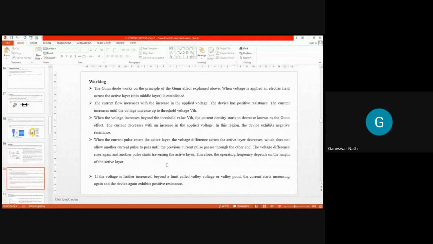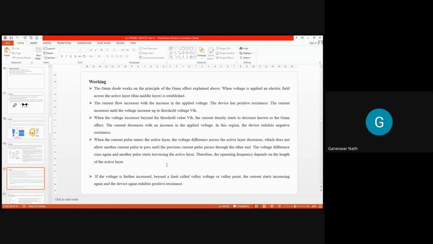The device has positive resistance. The current increases until the voltage reaches the threshold voltage, which is the maximum threshold value.